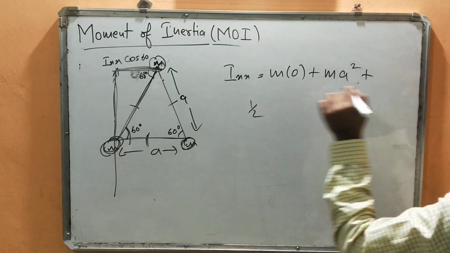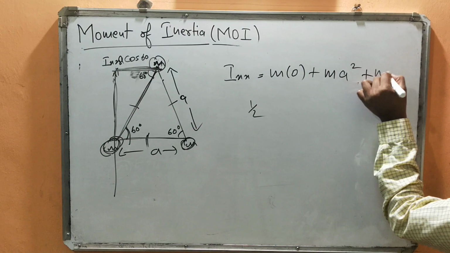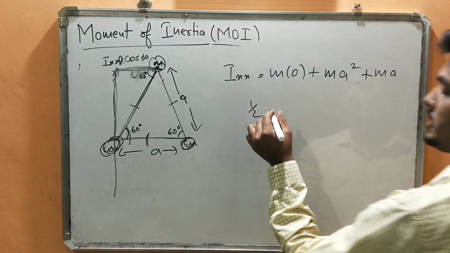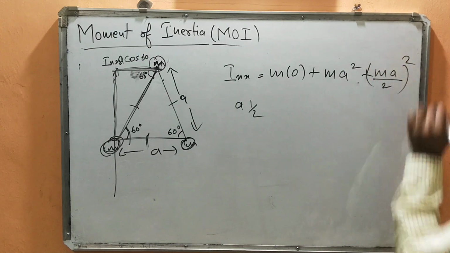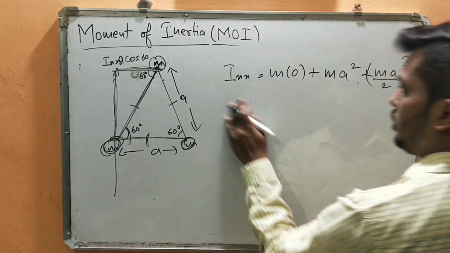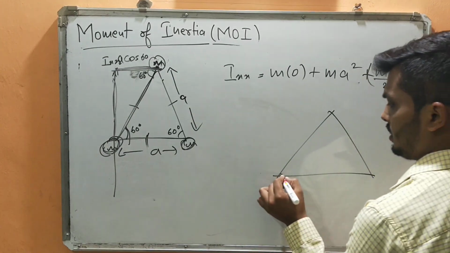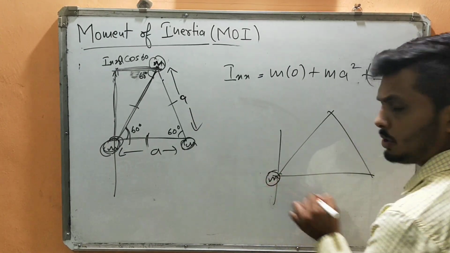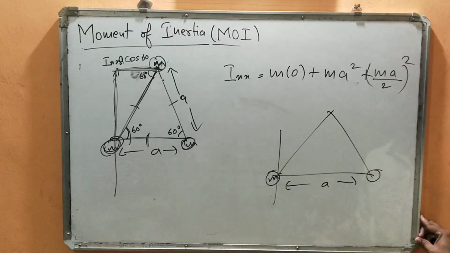So L will be what? Sorry, A times cos 60, so this will be A. Cos 60 will be 1 by 2. So this will be A by 2. Got it? Are you understanding? Have you followed it? Look here, students. This was my triangle. Moment of inertia about this is 0. Moment of inertia from this will be what? Ma square.